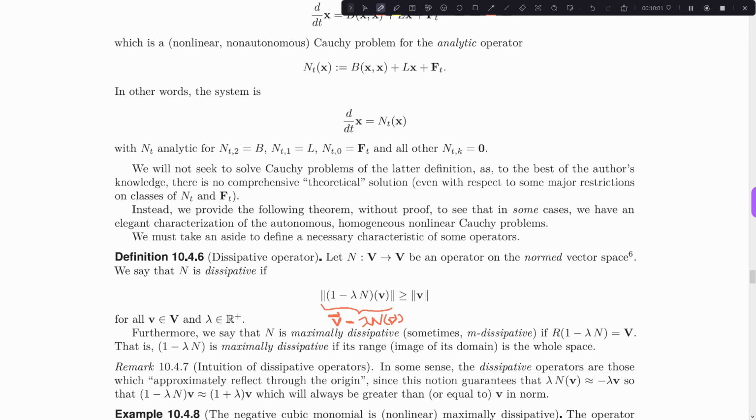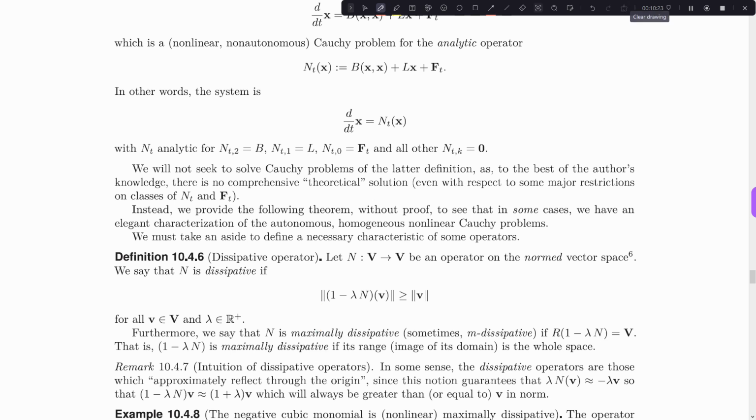Because it's not linear, it doesn't really look like N acting on V, but it's N taking in V. That's called dissipative. It's just a definition for now, but I'll explain the intuition around it in a little bit.